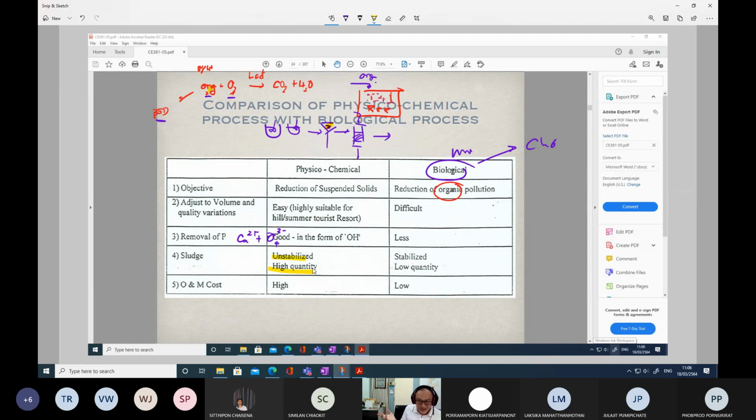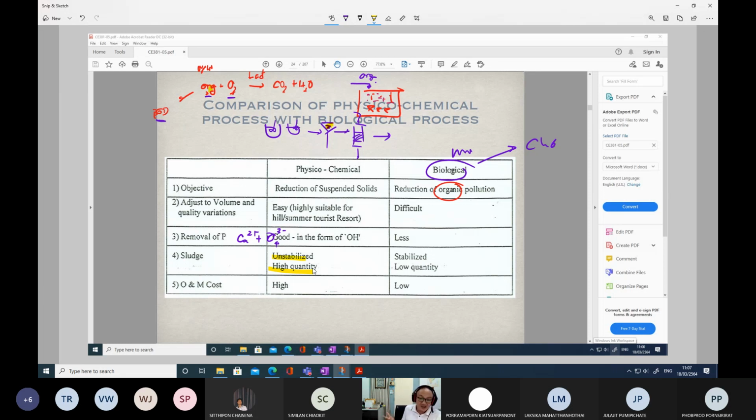But once the pH changes, or once we slightly disturb or create a little turbulence in the jar, that sedimented sludge may disintegrate and become smaller particles and resuspend again. So this kind of sludge, we call it not stabilized.